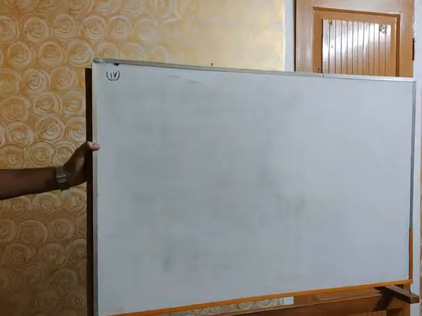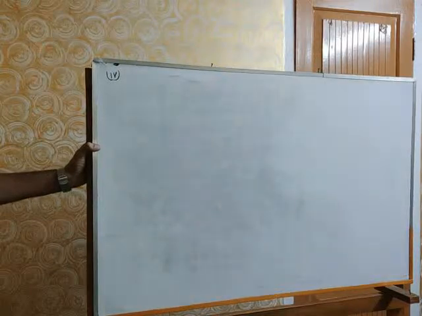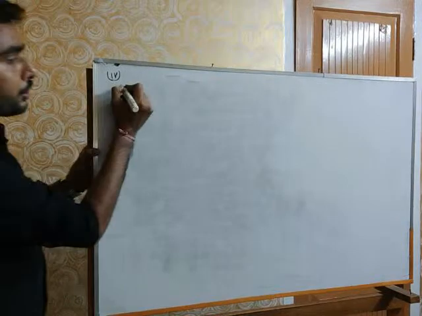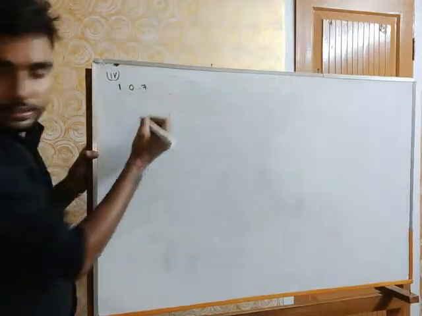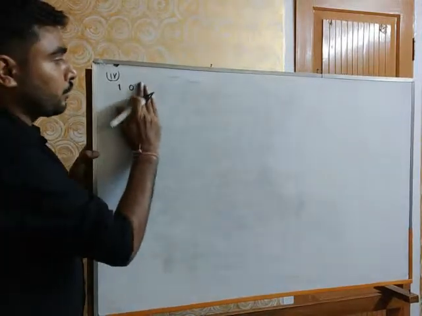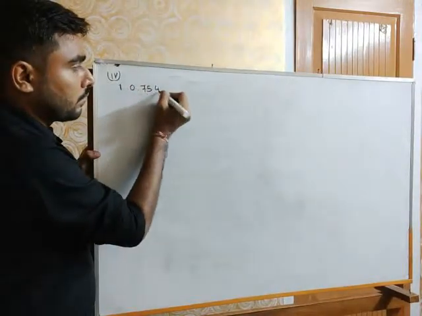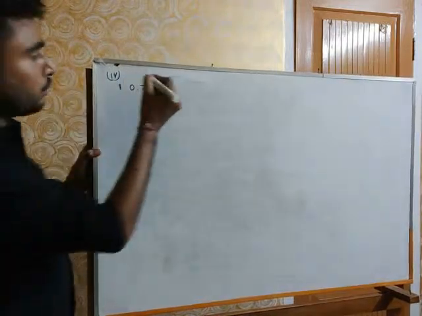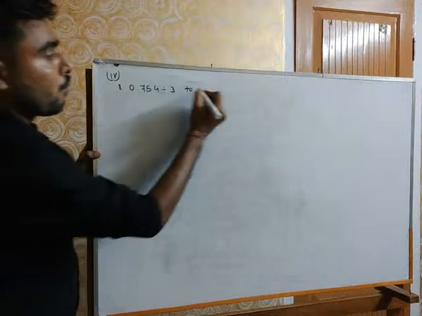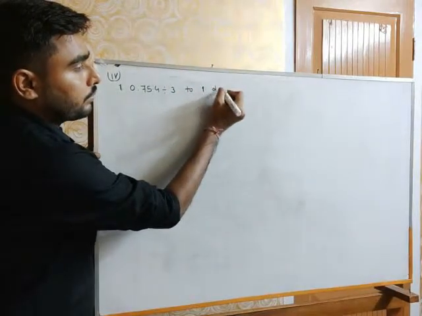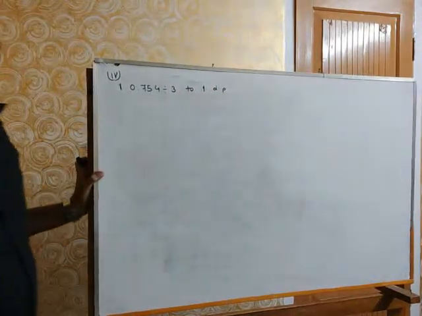The question says calculate, giving your answer correct to the indicated number of decimal places. For question number 1, it is 0.754 divided by 3, to 1 dp.